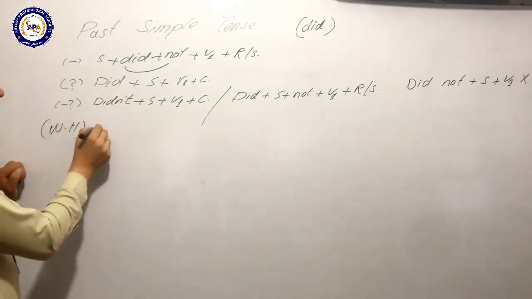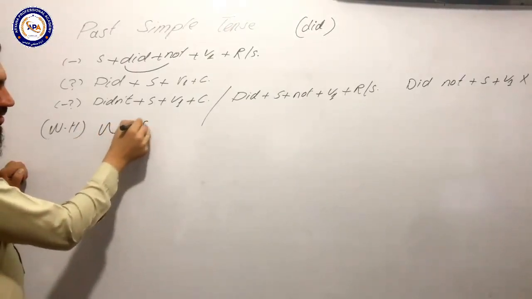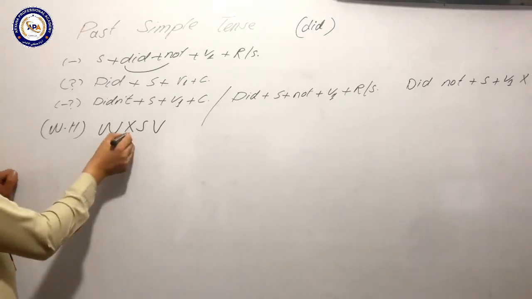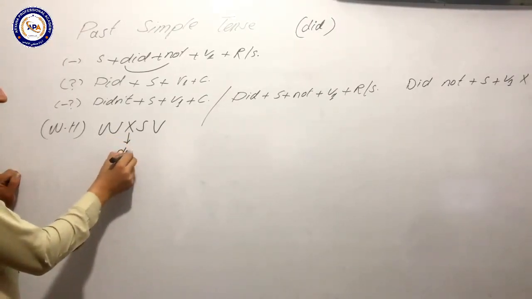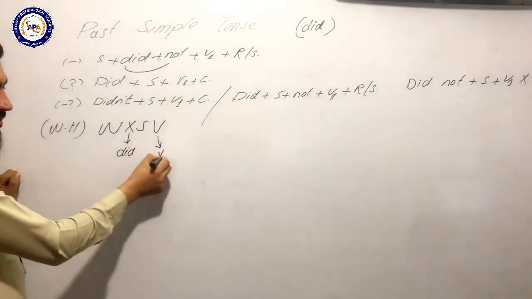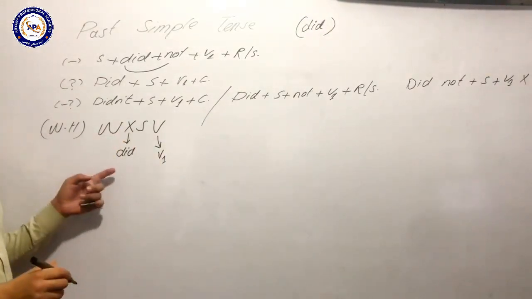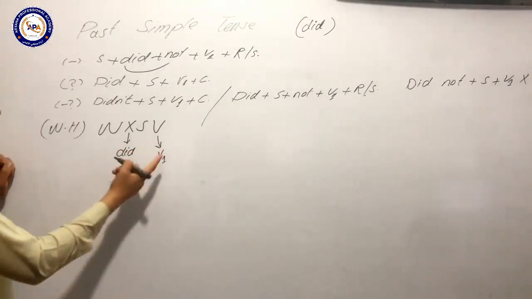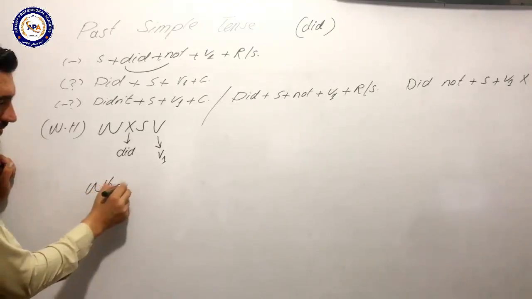For WH questions, again WH, auxiliary, subject, verb. And here the auxiliary verb is did, and the verb is in base form. Because in a question we use did, after the auxiliary we use the first form of the verb. Of course.